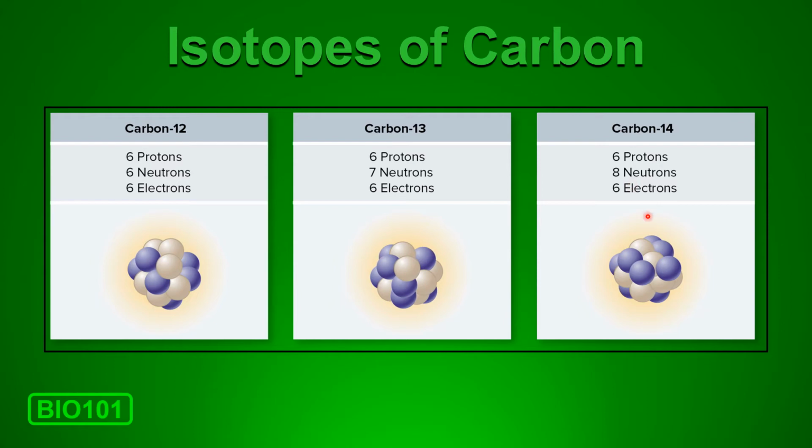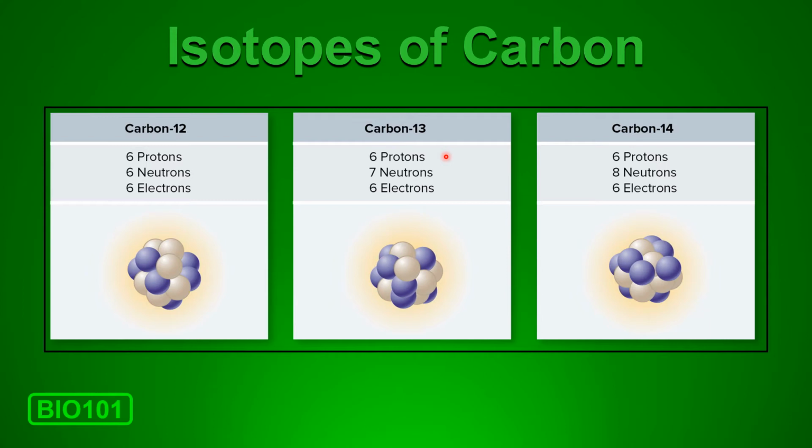Now, it should be obvious to you that if the atomic mass is the number of protons and the number of neutrons added together, that 12 is much lighter, chemically speaking, but atomically speaking as well.